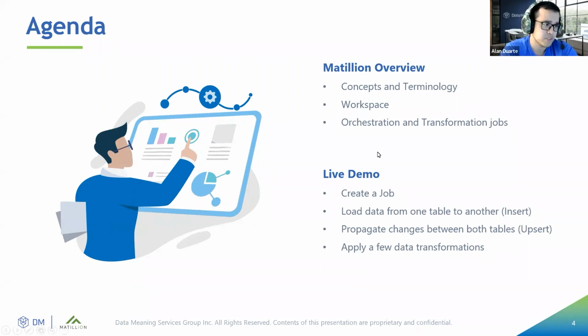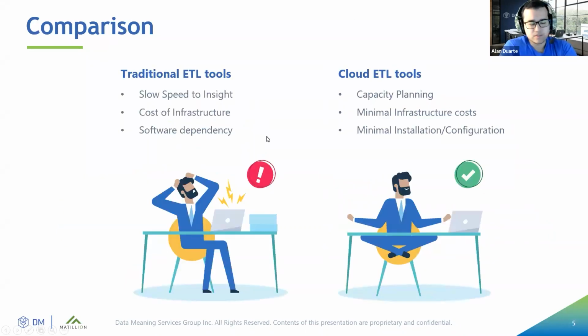Okay. Before we do that, let's start with a quick comparison between traditional ETL tools and cloud ETL tools. With traditional ETL tools, we have a slow speed to insight, a high cost of infrastructure, and software dependency. With the new cloud ETL tools, we have the capacity to plan, minimum infrastructure costs, and minimum installation and configuration.